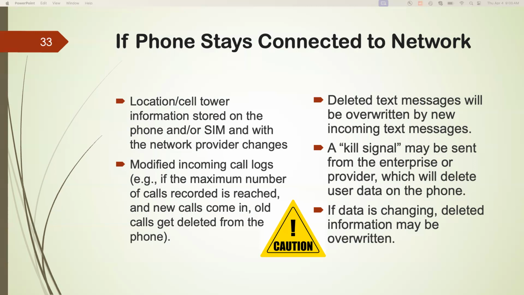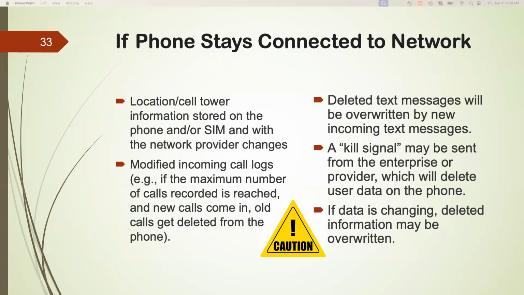So every time there is a new message or a new call, the oldest entry will be updated or removed. So if the phone is connected to the network, and it only stores say 100 call logs, the suspect's friend or even the suspect can just send you 100 missed calls, and it will wipe out all the older data that was stored on the phone. Similarly, it is also true for the text messages as well.